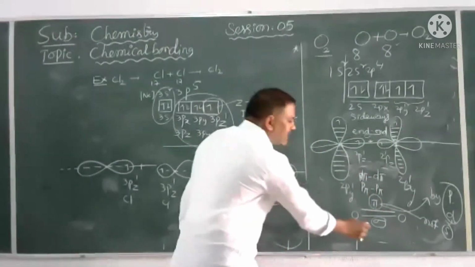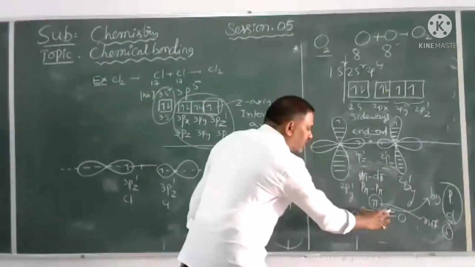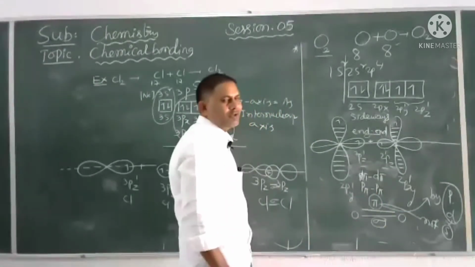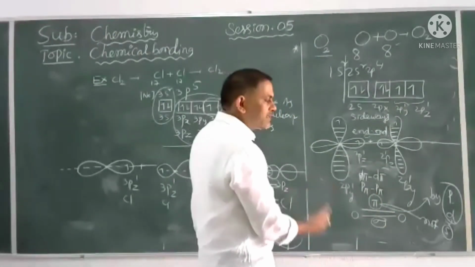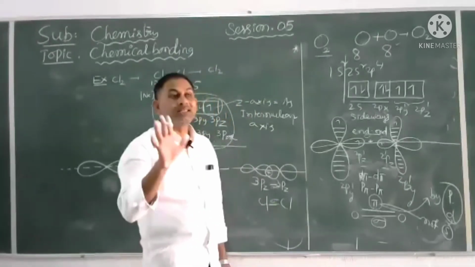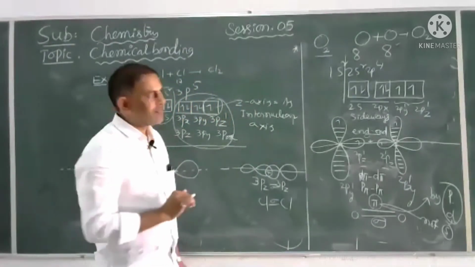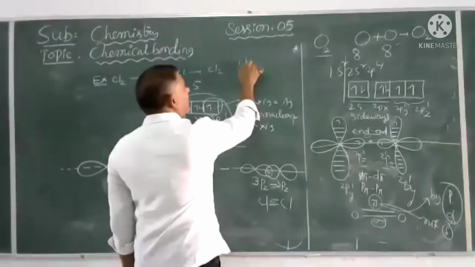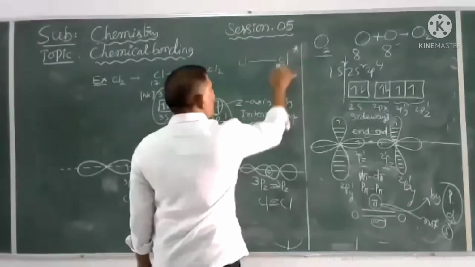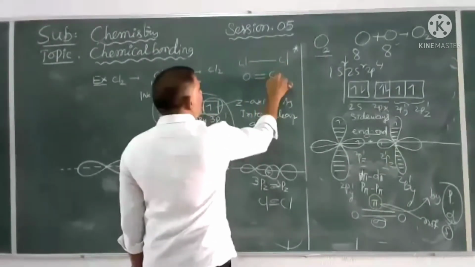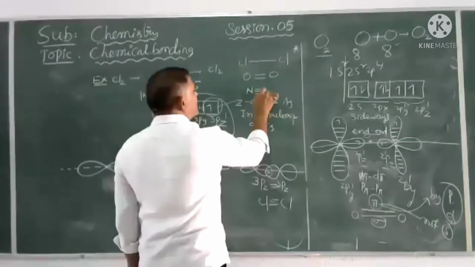That's why sigma bonds are stronger than pi bonds; pi bonds are weaker. As the number of multiple bonds increases, bond length decreases. Like chlorine has a sigma bond, oxygen a double bond, nitrogen a triple bond.